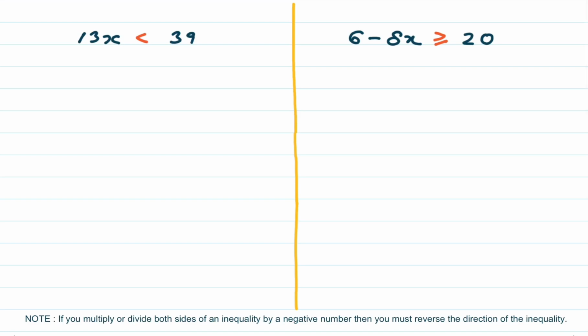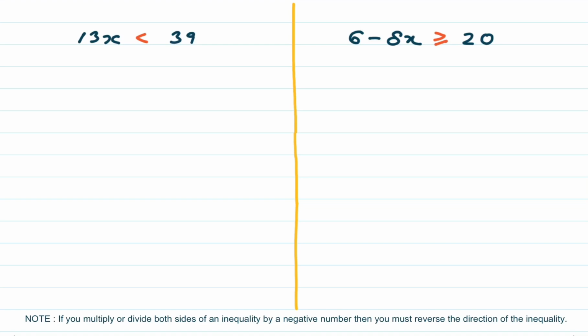But before I begin, I want to read the note at the bottom of the page, which is, if you multiply or divide both sides of an inequality by a negative number, then you must reverse the direction of the inequality. Keeping that note in mind, let us begin with the first question.